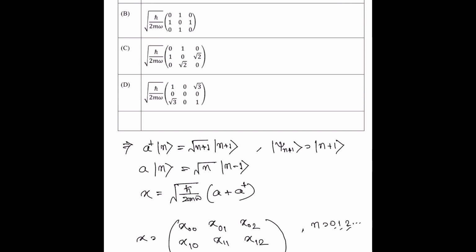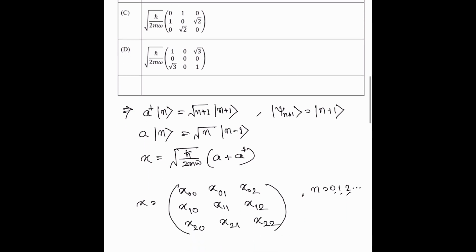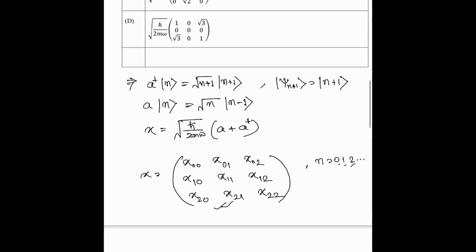So for the first three rows and columns the matrix will look like this, where each element is just xnm, so each of these elements will be given by this. Like x00 is just this element.